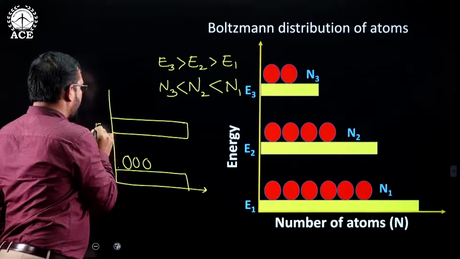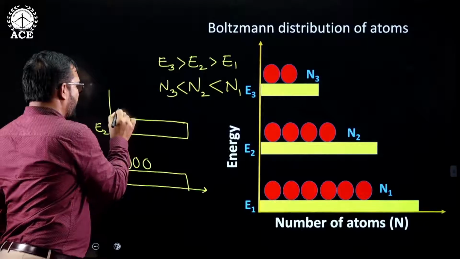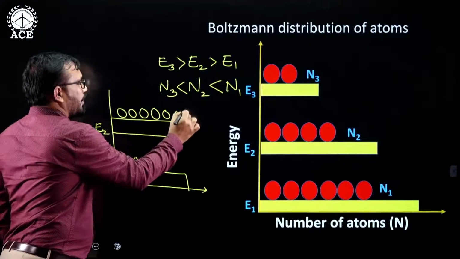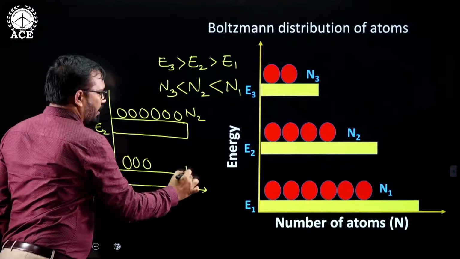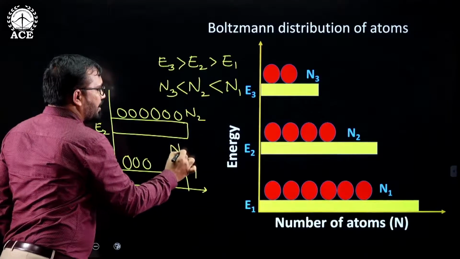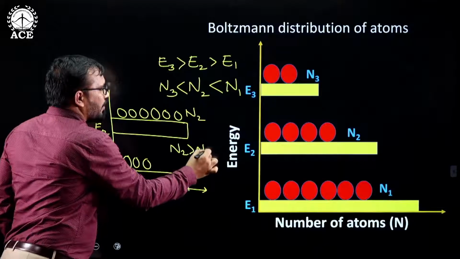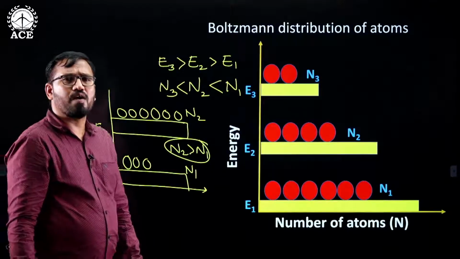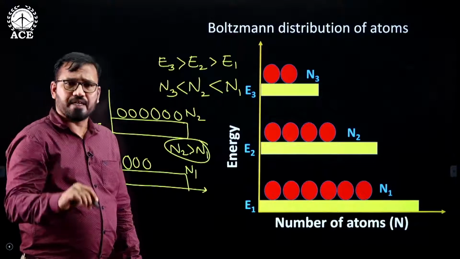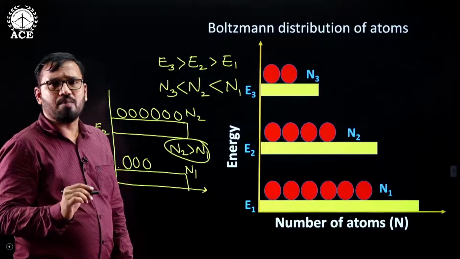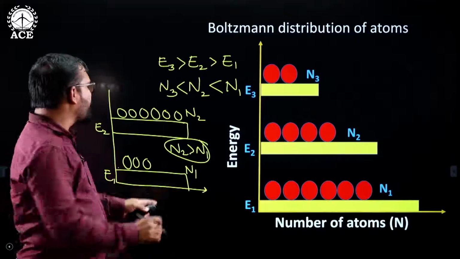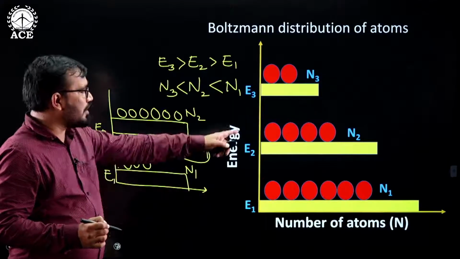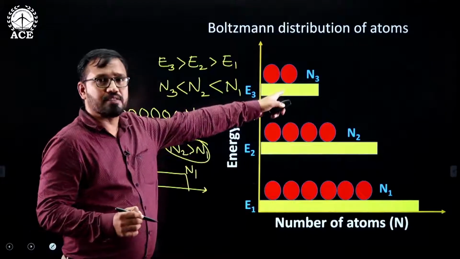If you have N2 atoms here and N1 here, then when N2 is greater than N1, it is called population inversion. Having more atoms in the higher energy level than in its lower energy level is called population inversion. Generally it won't happen by itself, but the normal distribution of atoms will be like this.